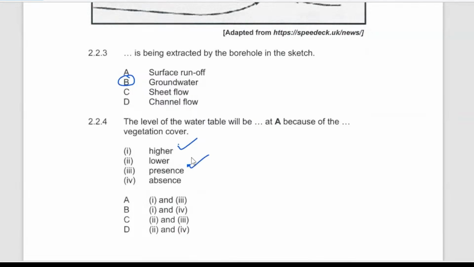So our item number 1 and item number 3 constitute our correct response. So we say our correct answer for that one is item number 1 and item number 3.